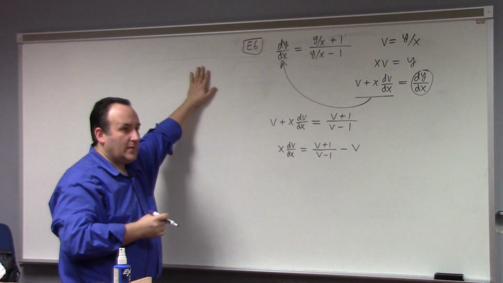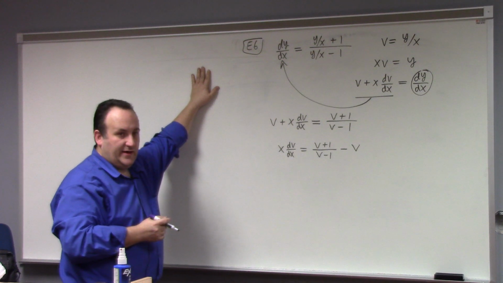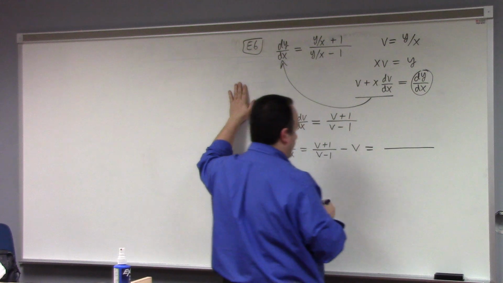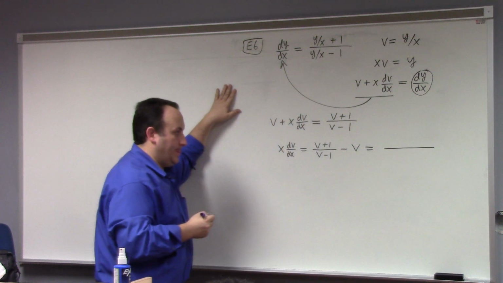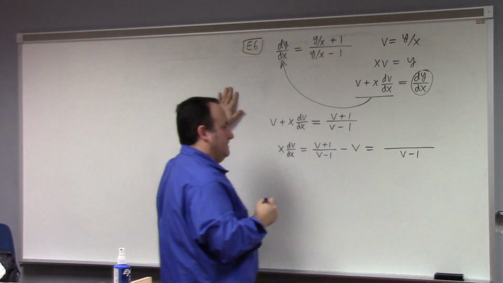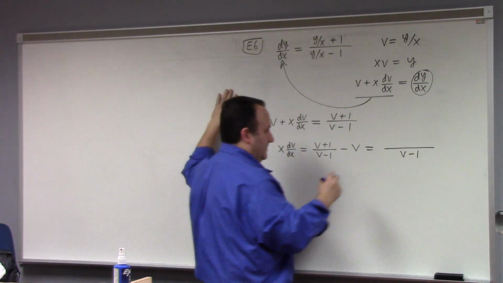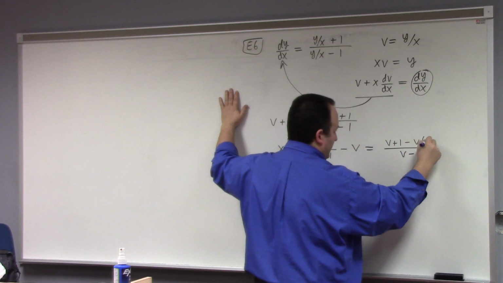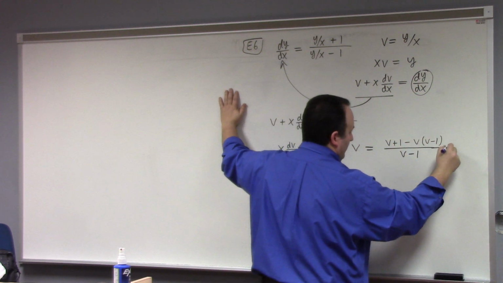Right? Make a common denominator. What do you got? V plus 1 minus v times v minus 1? You're probably telling me how it simplifies.